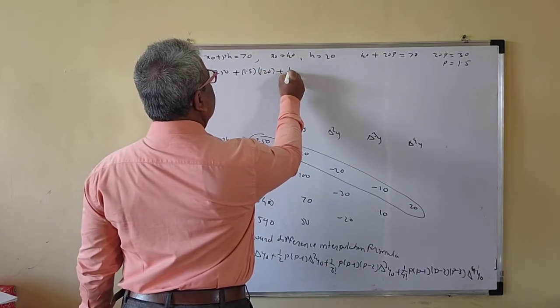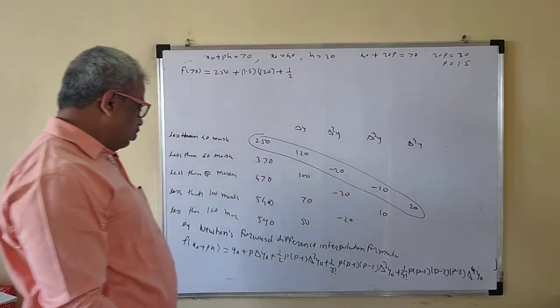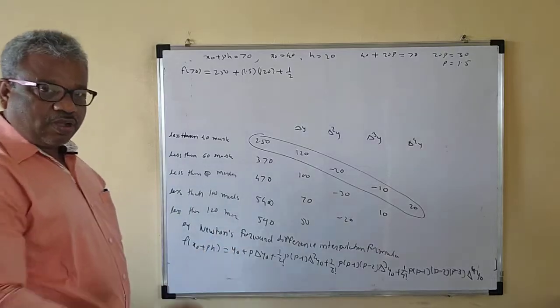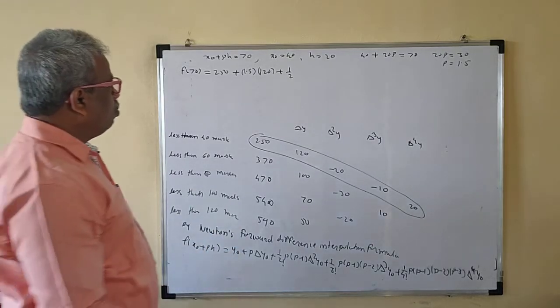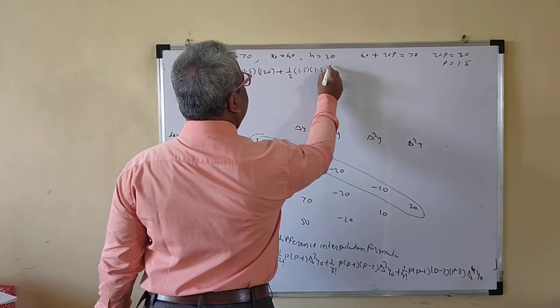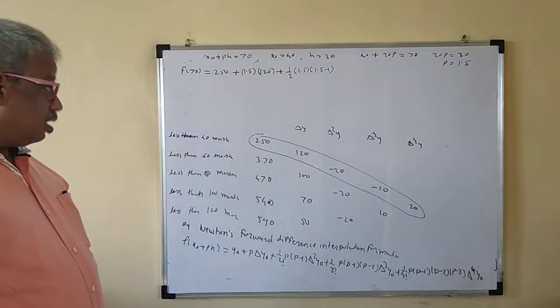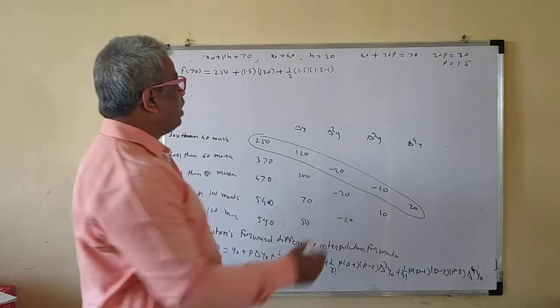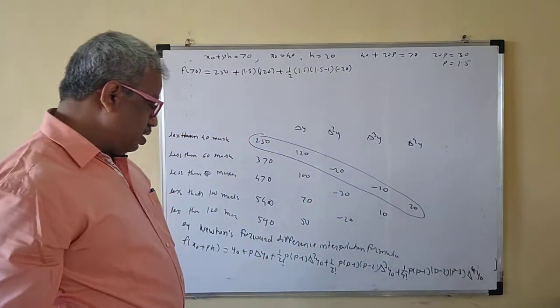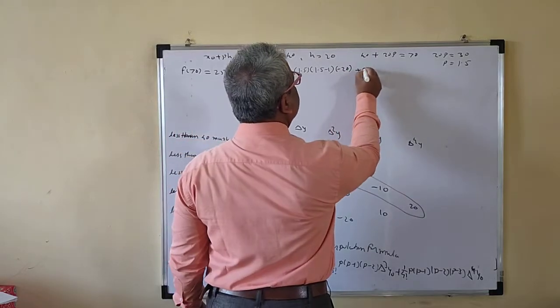So 120 plus 1 by 2 factorial, because 2 factorial is the same as 2 now. So it is not wrong. This is 1.5 into 1.5 minus 1, then del square y naught. The first entry is minus 20. Take care of the sign, minus 20.